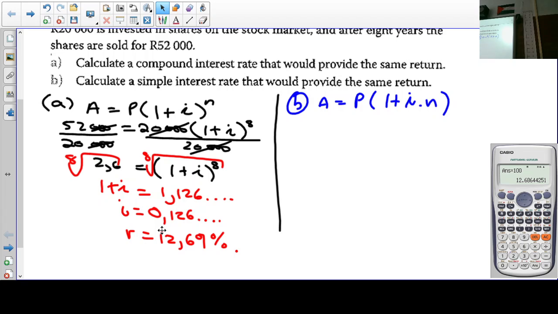My P value, 20,000. 1 plus I is what we're calculating here. And your N is going to be 8. You all understand what to do? So you do the substitution and you solve for I for me. Okay? I'll give you a few minutes to sort that out. 2-3 minutes.